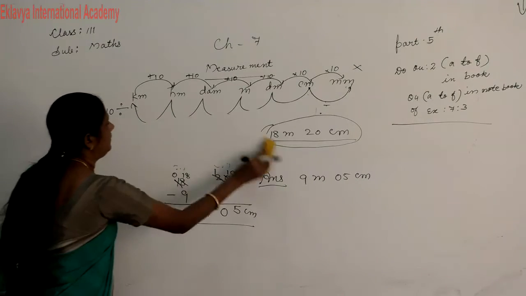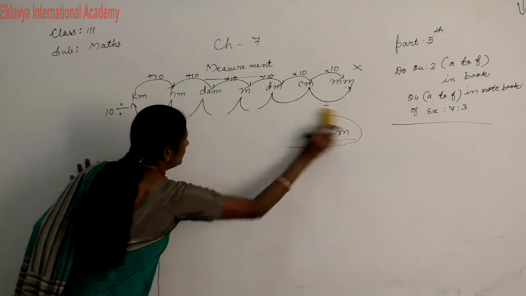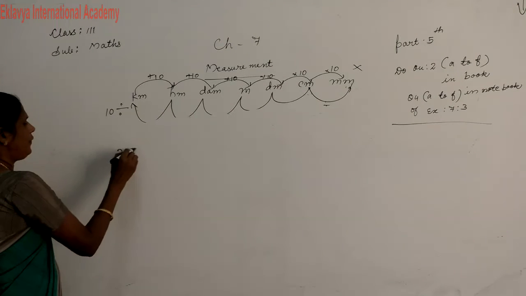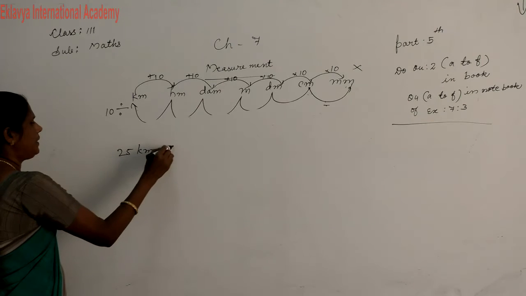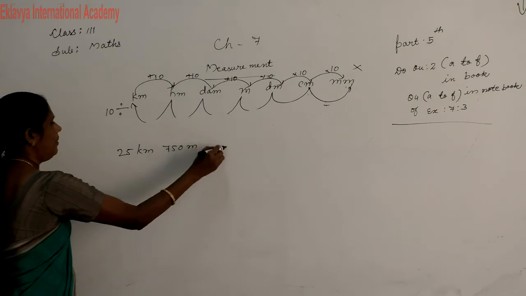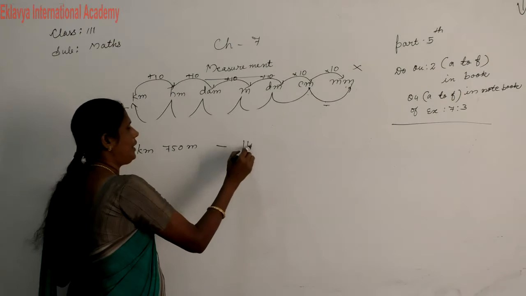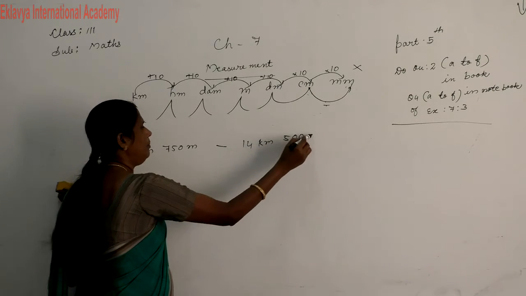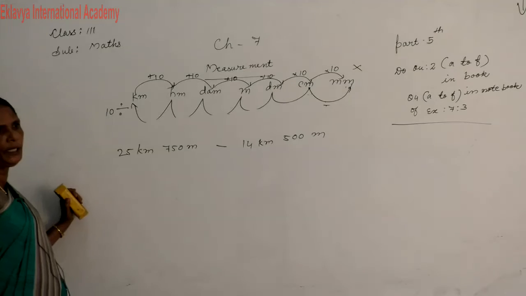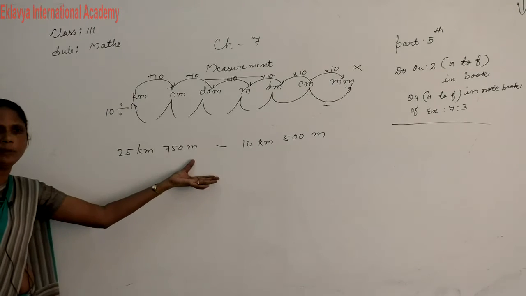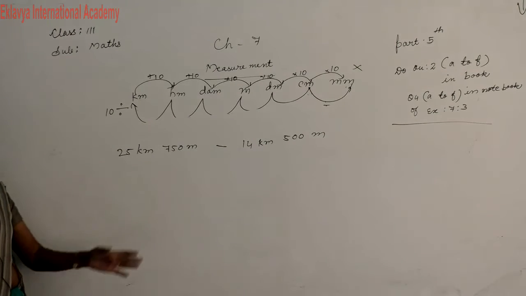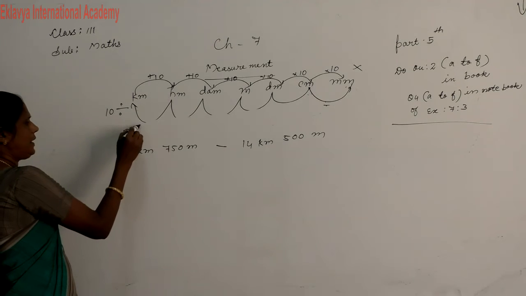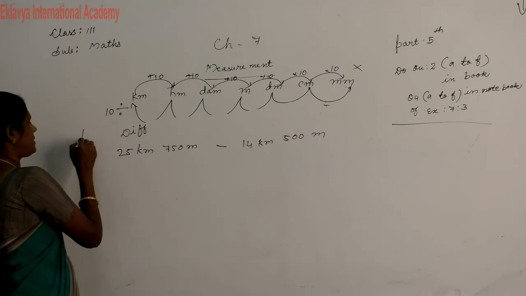One more question. 25 kilometer 750 meter minus 14 kilometer 500 meter. Look here. Does the word "from" come here? No. Here the question is to find the difference.